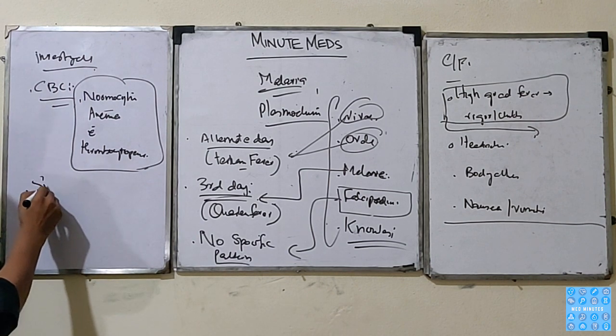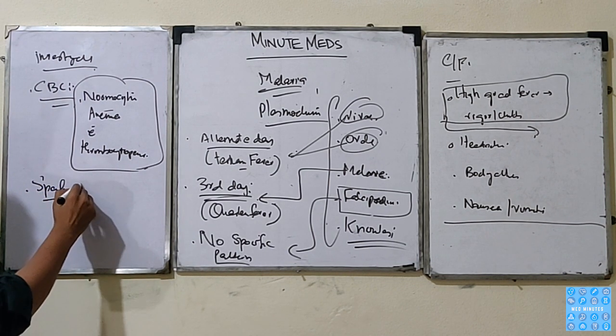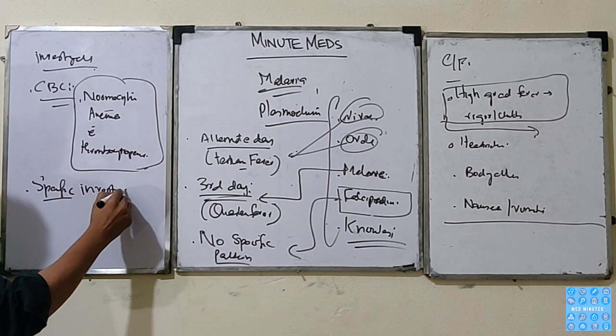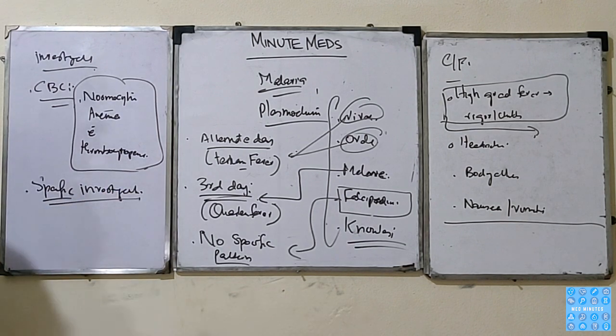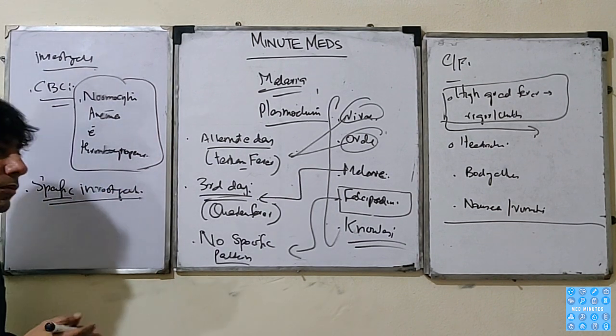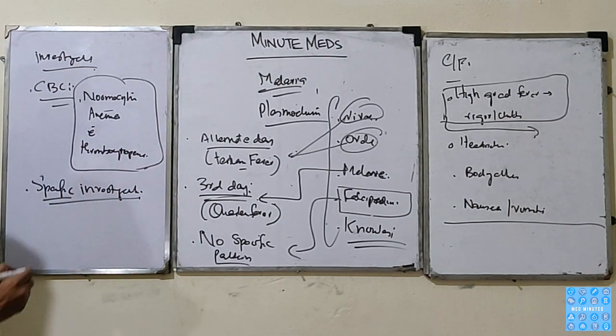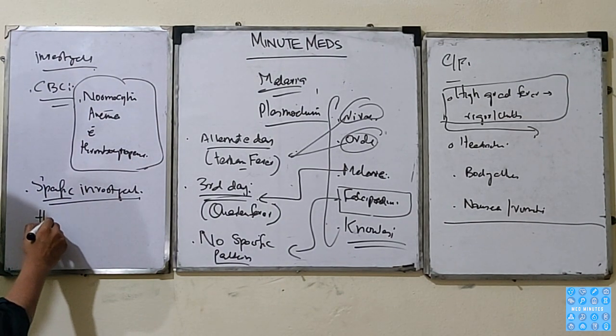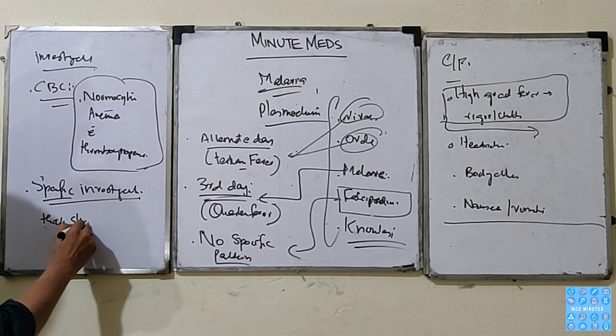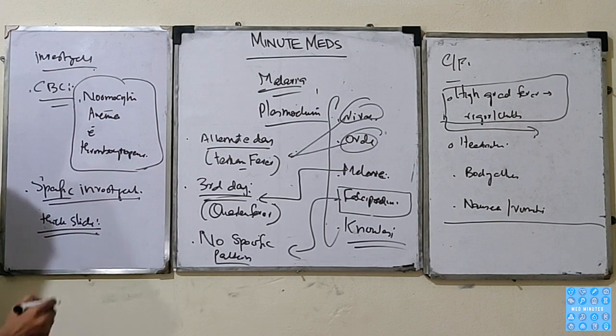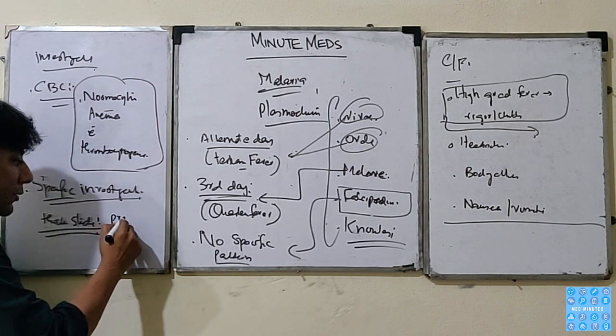Now, what are the specific investigations to confirm malaria? The most commonly used is the slide method, where we use thick and thin slides. We use the thick slide to check the presence of any parasite.